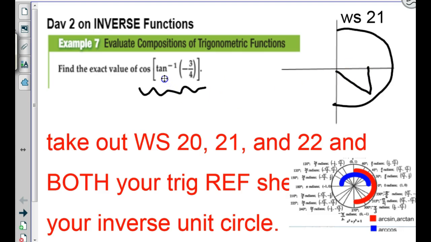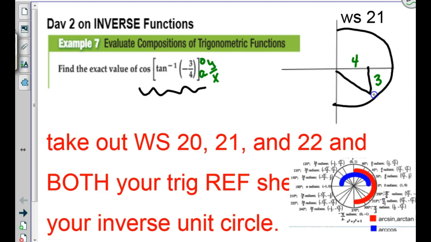And I need to label the tangent on that triangle right there, 3/4. What is tangent? It's y over x or opposite over adjacent. So the y value is 3 and the x value is 4.